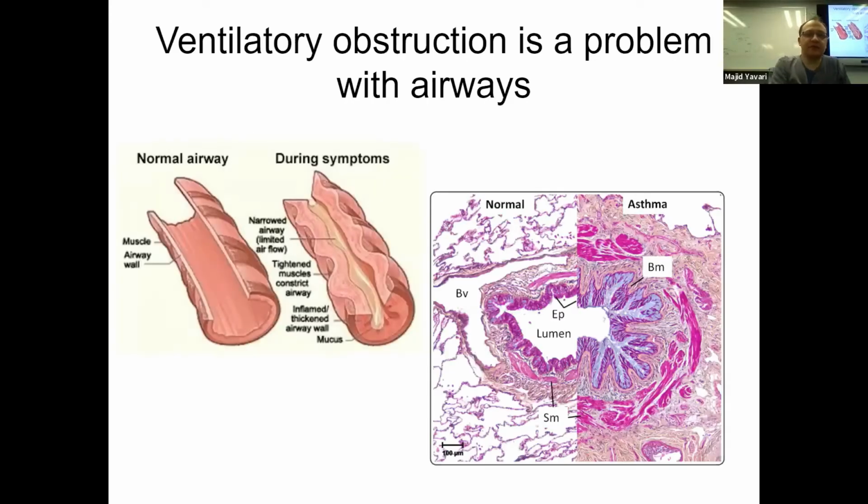So ventilatory obstruction is a problem with airways, and in particular it's a problem during exhalation, air getting out. Looking at this diagram here, this is a COPD asthma model. The normal airway has a nice, smooth, muscular wall here, no hypertrophy, no extra secretions.